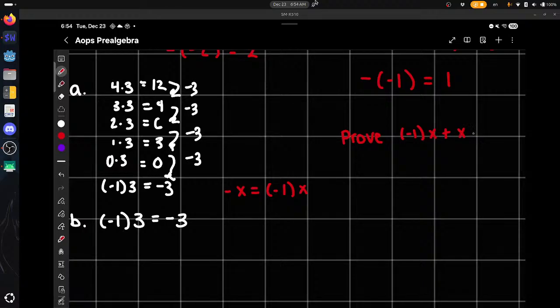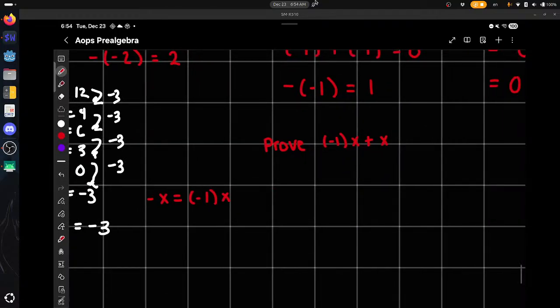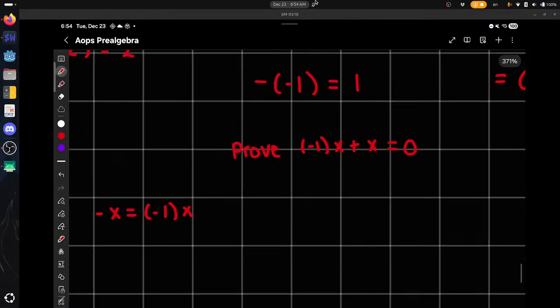So this is what they want us to prove, that -1 times x is the negation of x, and this is what they came up with. Well, I'll try to solve it first, just with what I've learned, but I think it looks something like this.